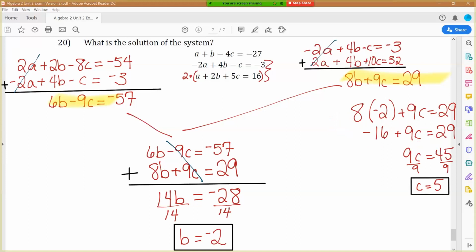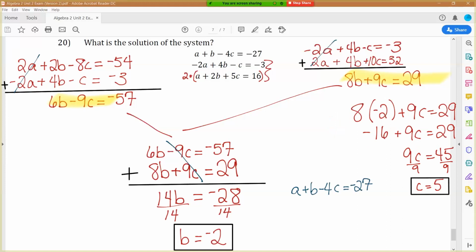And the last thing I need to do is take B and C and plug it into one of the originals. I would just stick with the first one because A plus B minus 4C doesn't look too terrible. So last step, A plus B minus 4C equals negative 27.